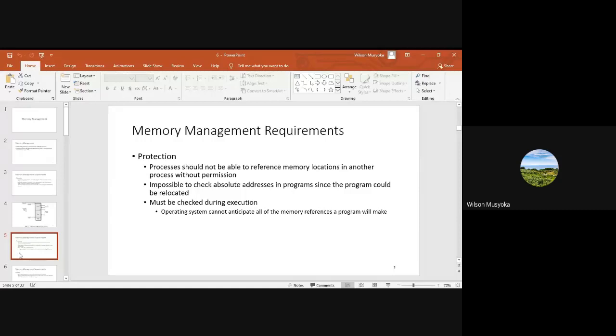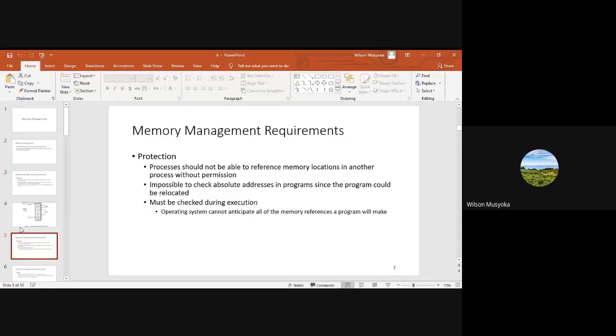Then we have to ensure that the memory location it has been allocated cannot be accessed by any other process. That is what we mean by protection. Because when it is accessed by another process while it is being used by the current process, we might have some collision. When that happens, errors occur, and that is not good for our systems. That is why we need protection.